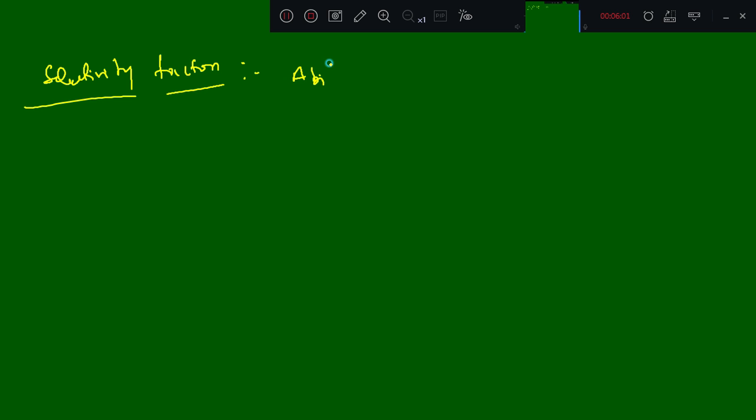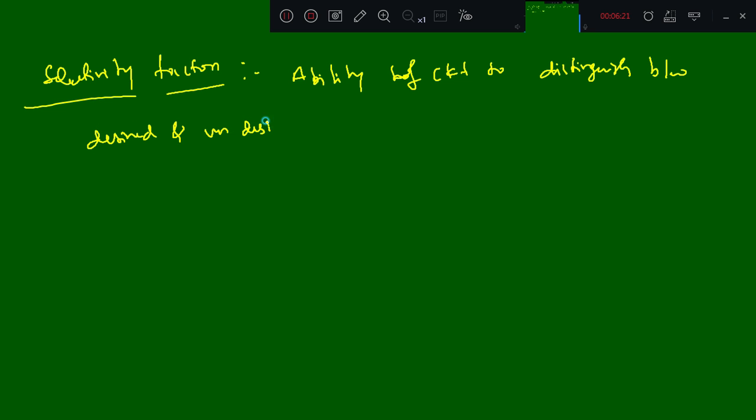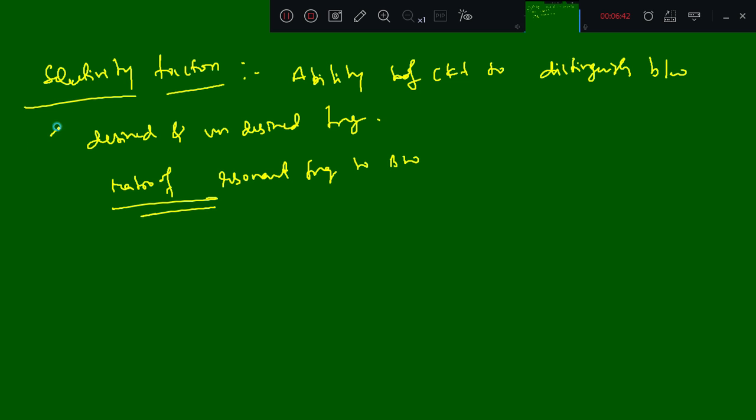We can also write it as the ratio of resonant frequency to bandwidth.